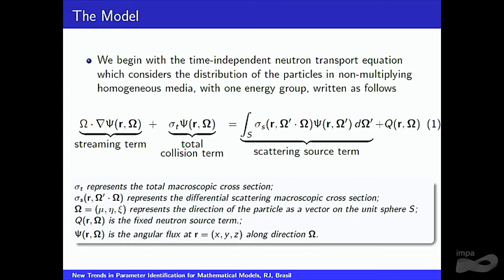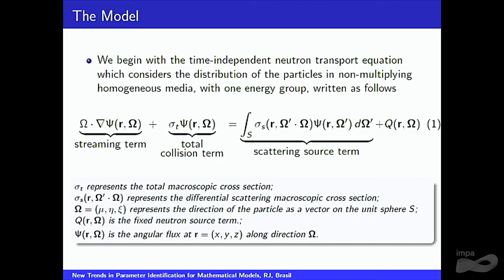Again, for radiative transfer problems, I have to deal with different forms of interaction, and in those problems I have to deal with higher order anisotropy than, for example, when I'm talking about neutrons.